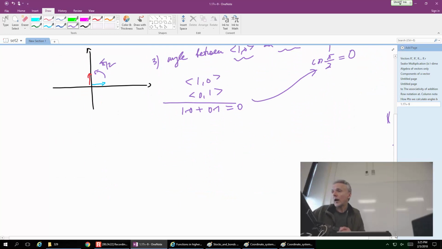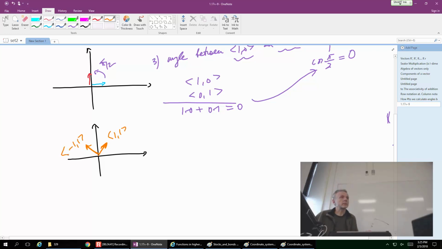How about I take this one. Let's just take 1, 1 and negative 1, 1. If I carry out the same operation, what do I get?